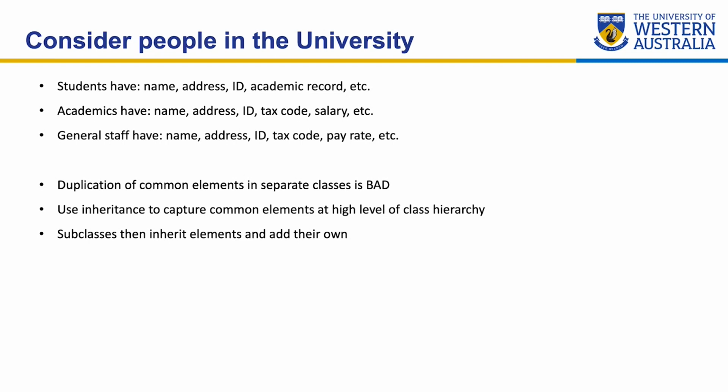But if you have to copy and paste all of that again and again, that's really bad. So instead, we're going to use inheritance to capture common elements at a high level of the class hierarchy. And then inside our subclasses, we can inherit those common elements and add our own methods and attributes to reflect the differences.